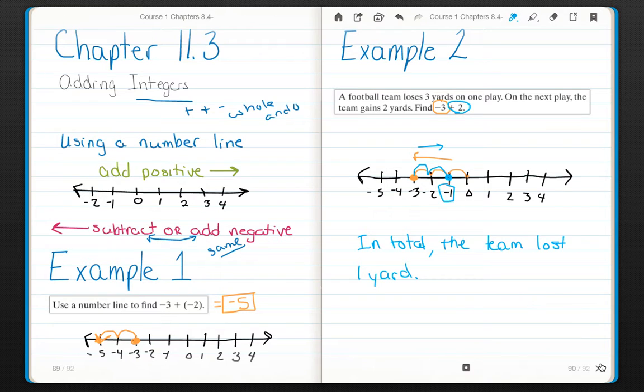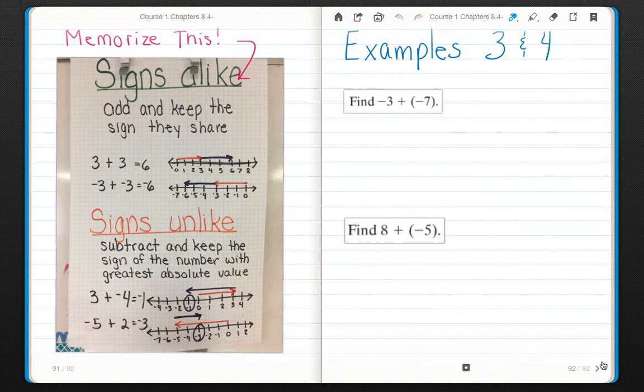So these two examples used a number line. Let's talk about the general rules for adding integers, and I want you to memorize this. This is hanging on the board at the front of the room, but I want you to work on memorizing this.